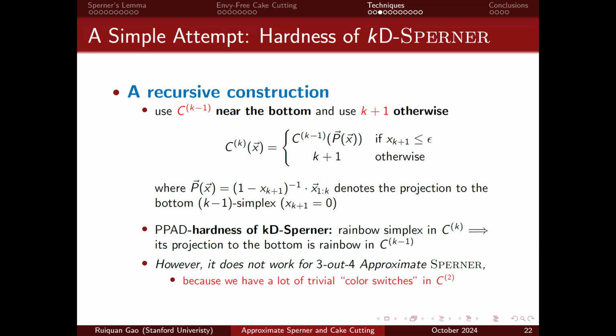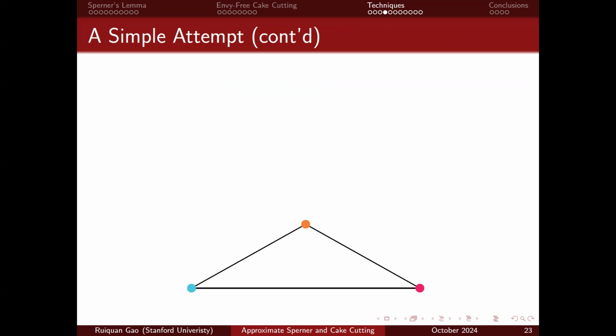However, this construction does not work for our relaxation, even for the 3-out-of-4 approximate Sperner problem, because we have a lot of trivial color switches on the bottom 2-dimensional instance. Suppose this is the bottom 2-simplex in a 3-dimensional instance.